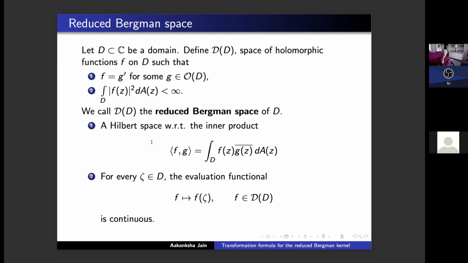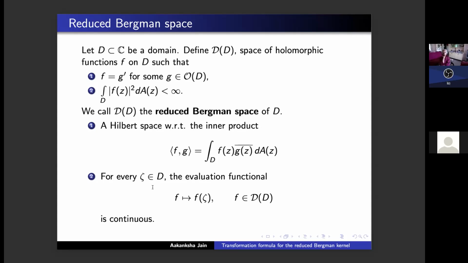It can be checked that it is in fact a Hilbert space with respect to the inner product <f, g> equals the integral over D of f g conjugate. Also, for every zeta in D, the evaluation functional f going to f(zeta) is continuous.